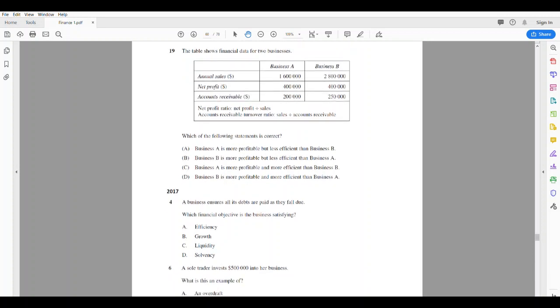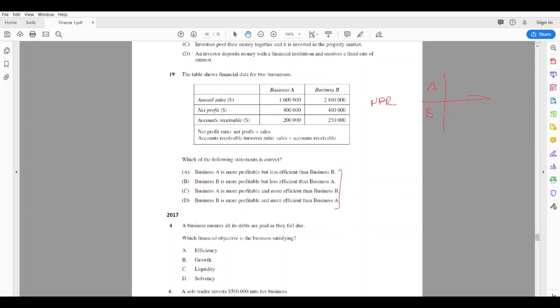Again, it's a double negative, but this one has very specific literacy requirements, and it can be a little bit confusing if you make a silly mistake. So first off, let's calculate the net profit ratio. It's provided for you again. So net profit over sales. NPR, let's do A, let's do B.